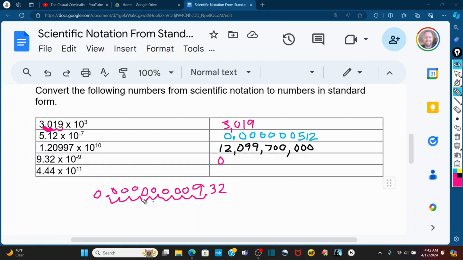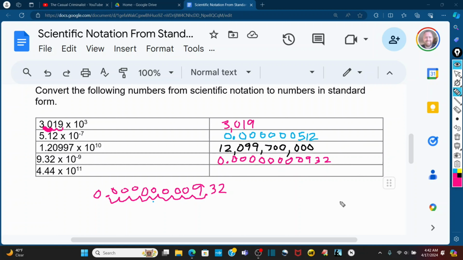We got 1, 2, 3, 4, 5, 6, 7, 8 zeros because the 9 was the first place we moved. So 1, 2, 3, 4, 5, 6, 7, 8, 9, 3, 2. Lovely handwriting I have this morning. Not really.